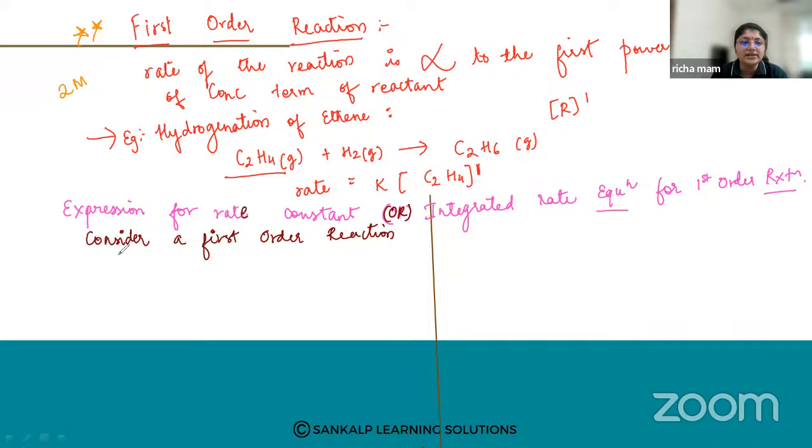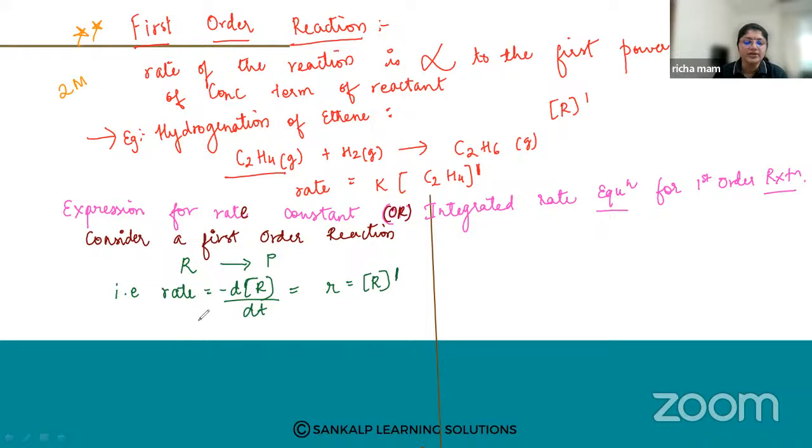So consider a first order reaction, reactants giving products. According to the first order reaction, what is rate? Rate is equal to minus d[R] by dt. That is, rate is equal to k times the concentration of R raised to the first power. So the power is raised to 1 here.